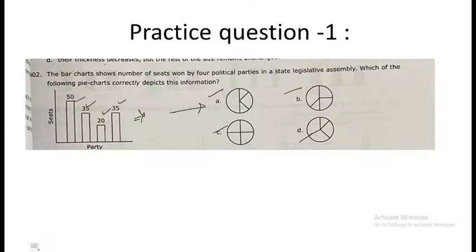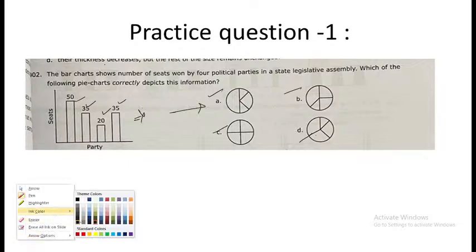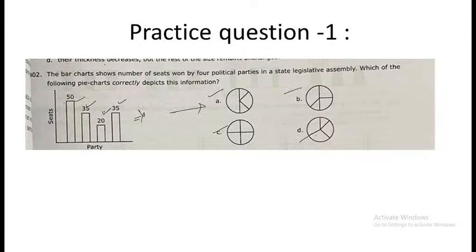Okay, so let's see the answer for this. See, you're given 50, 35, 35 and 20. So these are the 4 values, and then you have to plot it in a pie chart, right?